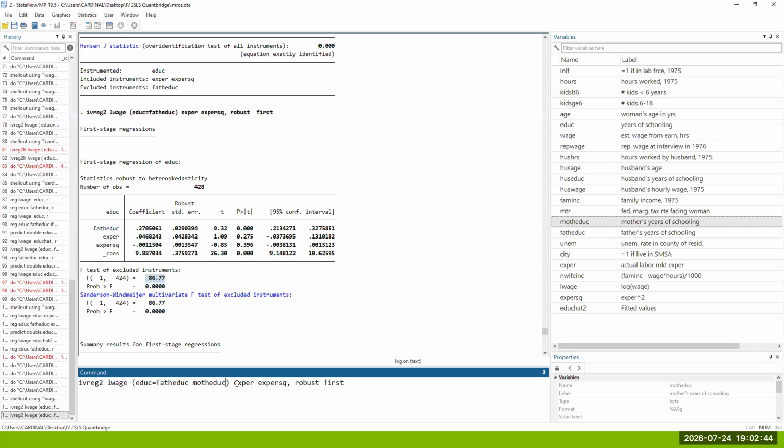This takes us to the case of identification. If you have one endogenous variable and one instrument, that's exactly identified. If you have one endogenous variable and two instruments, that's over-identified because the instruments are more than the potentially endogenous variable. There's also a case of under-identification, but that is not part of this exercise.